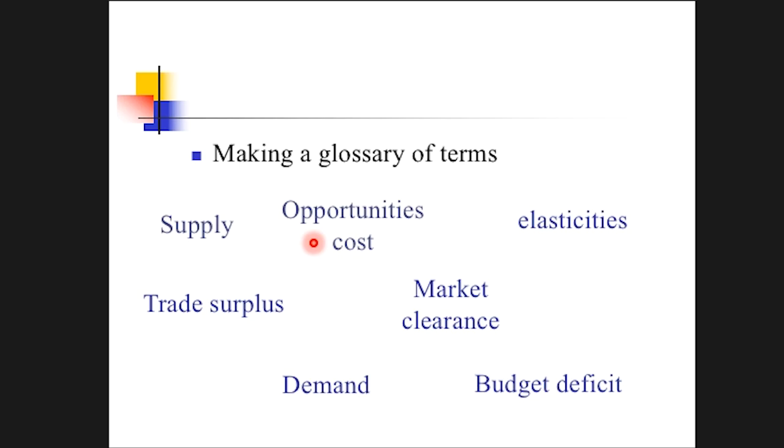For example, instead of describing the behavior of a seller, we can use the term supply. Supply describes the behavior of the seller: if the price increases, the sellers are ready to supply more, to sell more in the market.